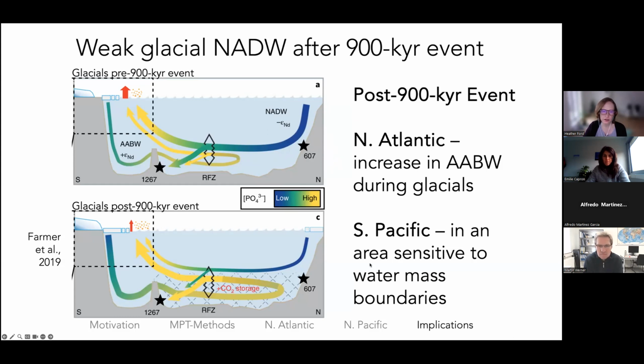And then the other thing that we see for our South Pacific records is that the particular area that record was generated seems to be sensitive to changes in water mass boundaries. So when you change the configuration of the prevailing water masses, it's going to give you a different signal.